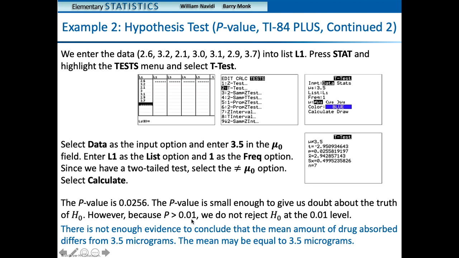And then we can compare that to our value of alpha. It's larger than 0.01, so we do not reject the null hypothesis at the 0.01 level. And we say there is not enough evidence to conclude that the mean amount of drug absorbed differs from 3.5 micrograms. The mean may be equal to 3.5 micrograms.